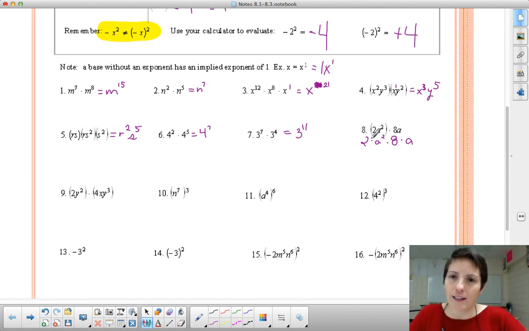When we do that, we can multiply all of this. Remember, you're not allowed to add like terms, but you can definitely multiply anything together. So we're just going to simply use our properties, and we're going to regroup. And we can do 2 times 8, which is 16, and a squared times a. So we're going to keep that base and add our exponents. 2 plus 1 is 3. So 16a to the third.